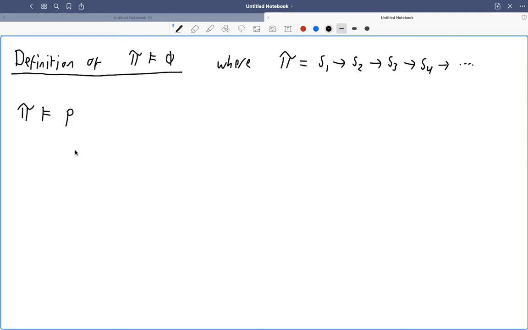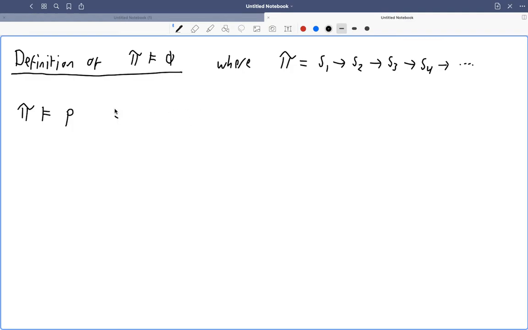So for example, if P was N1 in the mutual exclusion example we considered in the first half of the lecture, stating that process 1 is non-critical, then N1 will hold in a path pi if the now state is such that process 1 is non-critical.